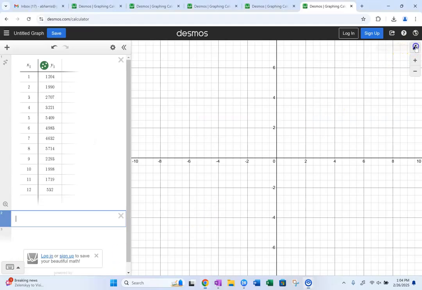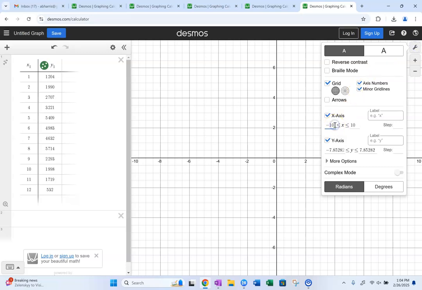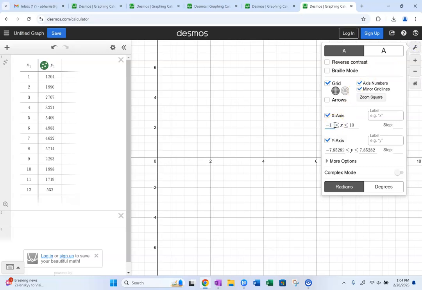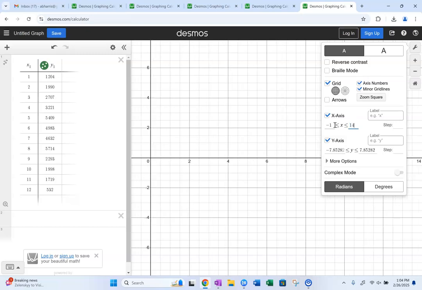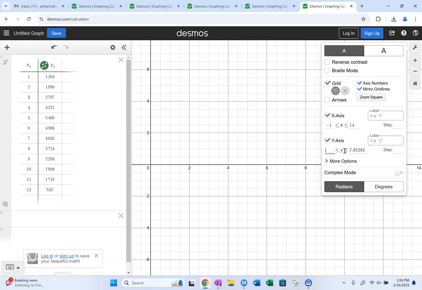I don't see it. I could zoom out, but I'm going to be a little more precise with my window. I'm going to go from, let's say, -1 or so up to, notice my high value is 12. I'll go up to 14 or so. My Y values, on the other hand, the largest there looks like it's 5714.